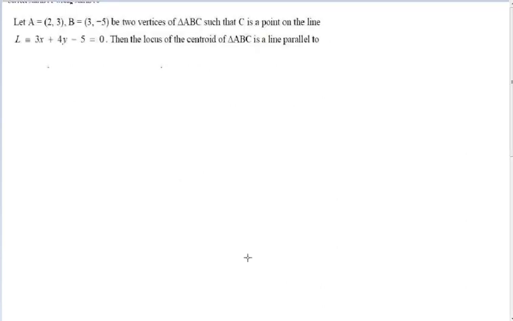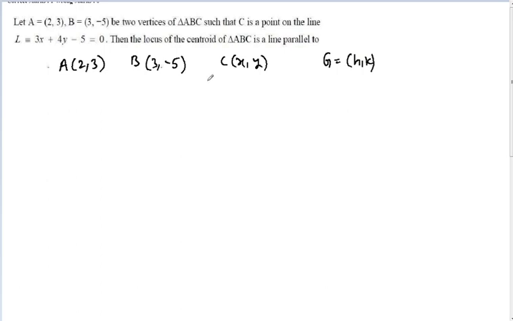Let capital A (2, 3) and capital B (3, minus 5) be two vertices of triangle ABC. C is a point on the line. Then the locus of the centroid of triangle ABC is a line parallel to that. Here is given the points capital A (2, 3) and capital B (3, minus 5). C is taken as (x, y), and the centroid of the triangle, G, is taken as (h, k).